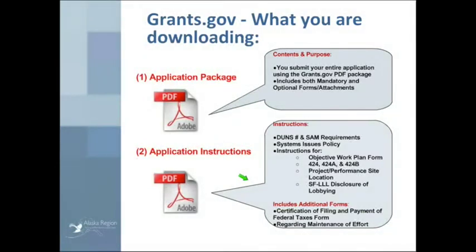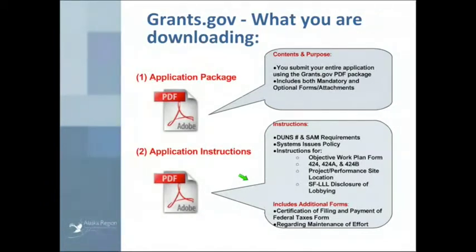The other one is the application instructions, and like I said, you definitely want to open this up and take a look at it, because it provides additional guidance. It's a supplement sort of to the FOA. It talks about the DUNS and SAM registration process and any systems issues. So there's a policy statement in there that you want to look at.